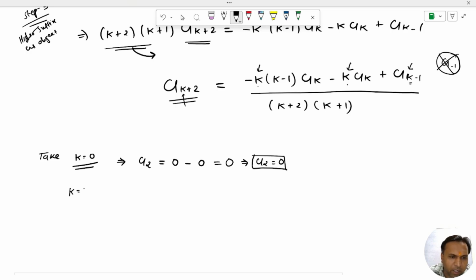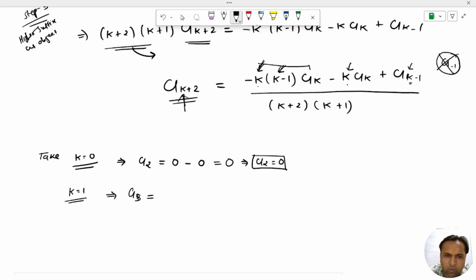If I am taking k equal to 1, now we have to take k equal to 1 here once again. So it becomes a3 equal to, if I am taking k equal to 1, 1 minus 1 is 0. Here 1 minus 1 is 0, the whole term is 0, right?